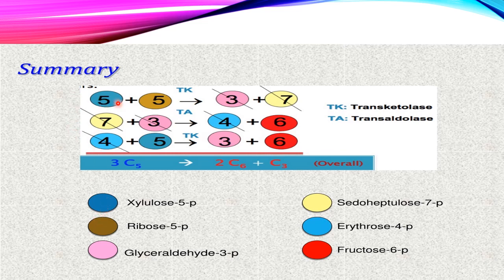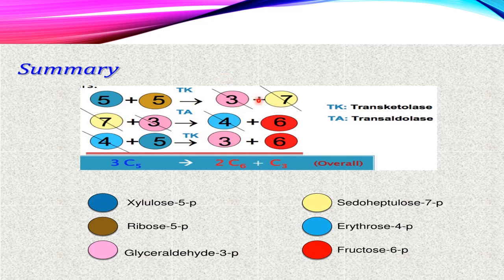You can see this 5 carbon compound and the 5 carbon compound, which is nothing but our xylulose and ribose 5-phosphate, getting converted into a 3 carbon compound and a 7 carbon compound, where our enzyme transketolase is acting and removing a 2 carbon fragment from one and attaching it to the 5 carbon compound. Therefore, 5 minus 2 is 3, 5 plus 2 is 7. This is because of the action of our enzyme transketolase, where this is glyceraldehyde 3-phosphate and this is sedoheptulose.